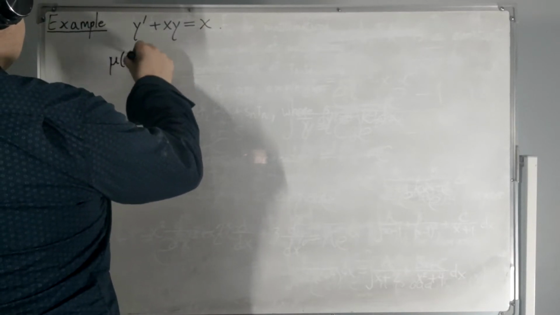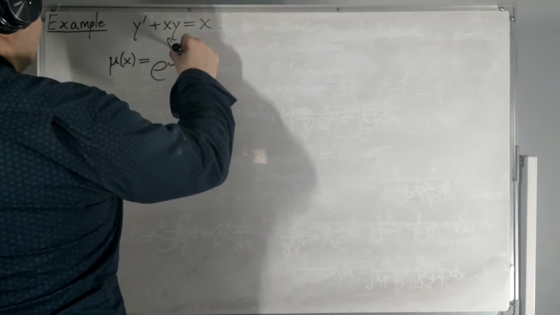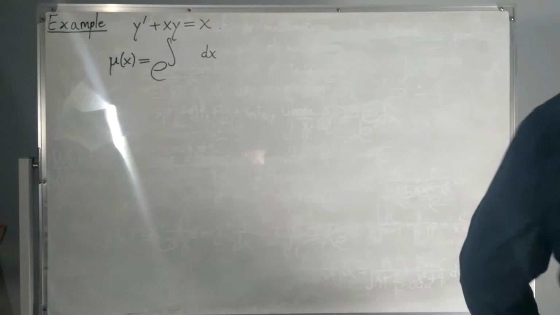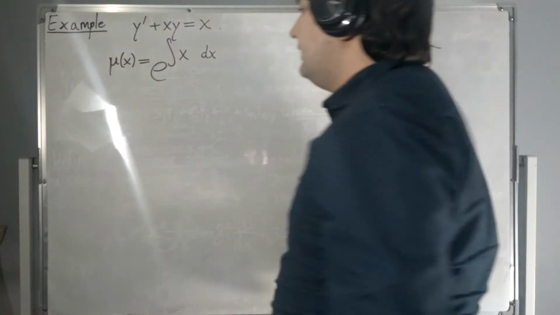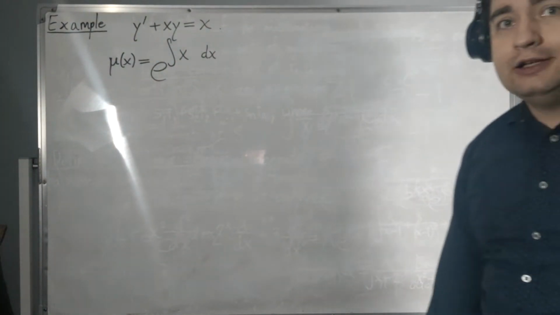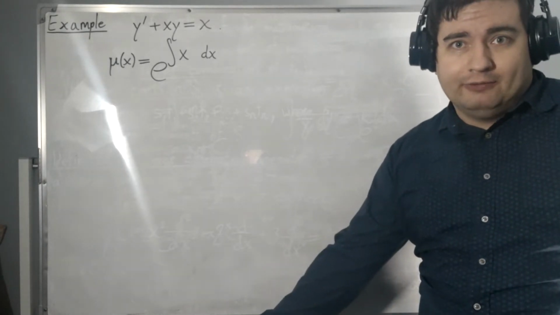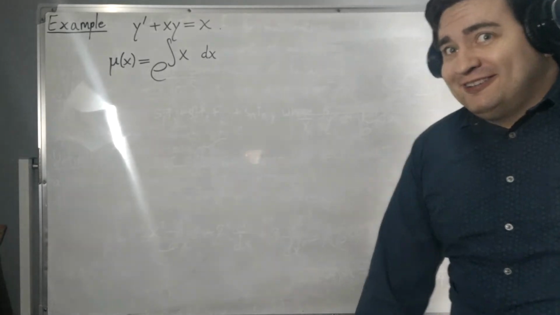Integrating factor, by definition, is e raised to an antiderivative of the coefficient of y. In this case, the coefficient of y is this function x. So we're just going to raise e to an antiderivative of x. Well, what would be a suitable antiderivative for x? How about 1/2 x squared?